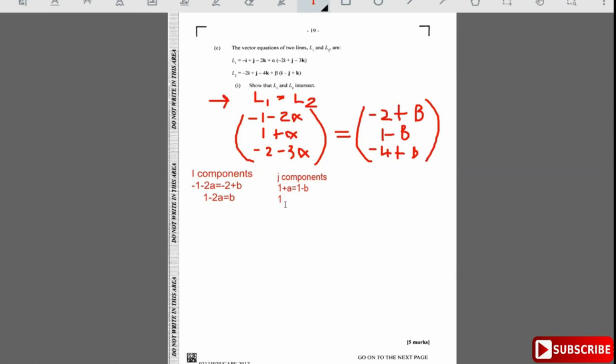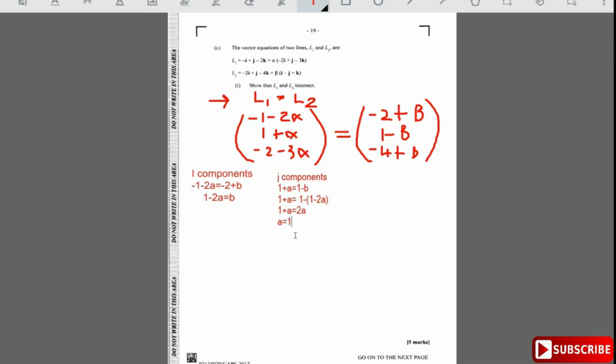So 1 plus alpha is equal to 1 minus beta, which is 1 minus 2 alpha, because that is beta. So solving, we're getting 1 plus alpha is equal to 1 minus 1 gone, minus and minus give you plus, so you get 2 alpha. So bringing over alpha here, we're getting that alpha equals 1.